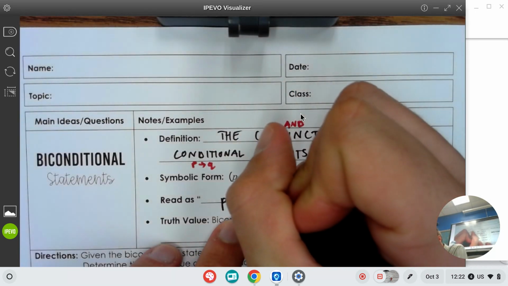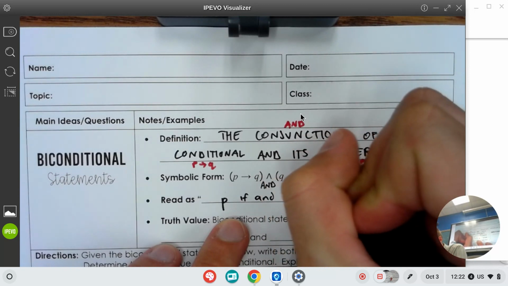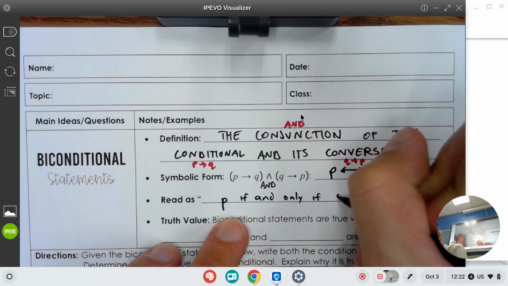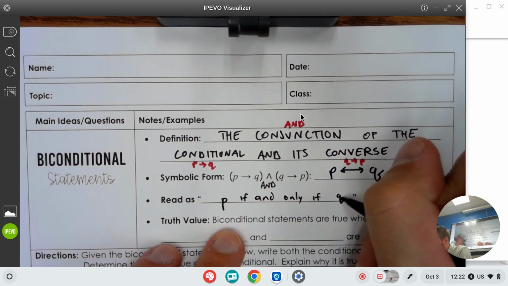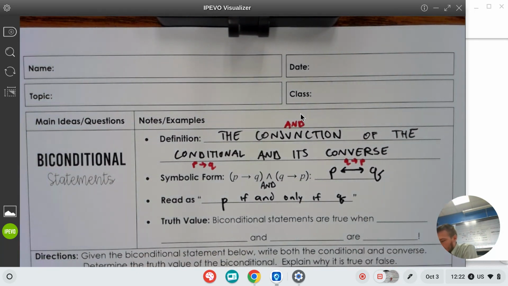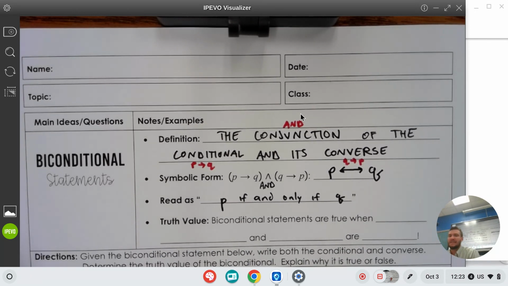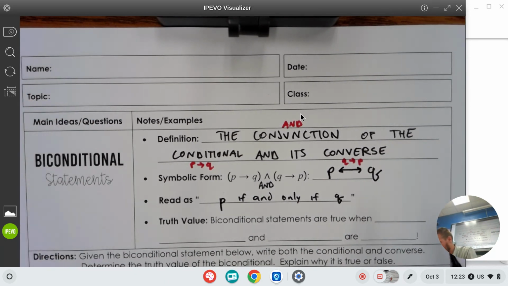So we get P if and only if Q. This is something that really is super popular in college math, the if and only if thing. But yeah, it basically means the two-directional arrow, if and only if. So again, once we do a question, you're going to say, okay, this is just as easy as all the other ones have been. I know we got a lot of vocab going on here.